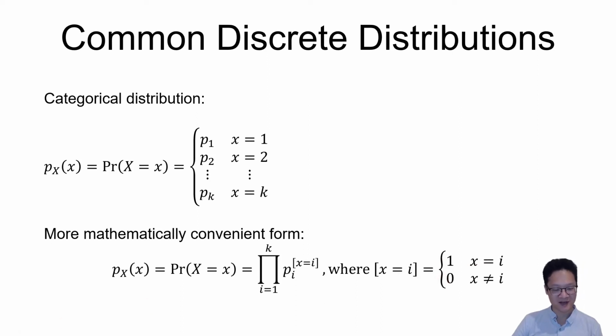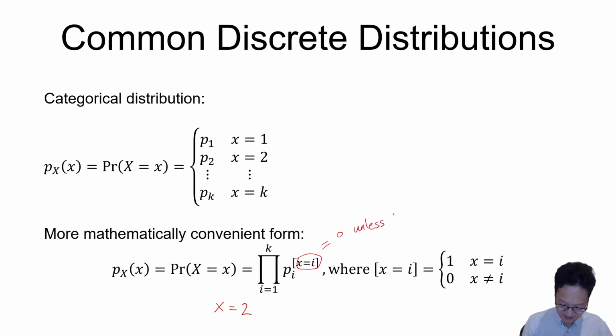So let's take a look at why this is a short form. Suppose x equals, let's say, 2. If x equals 2, this exponent will be 0 unless i equals 2, and it will be 1 if i equals 2.